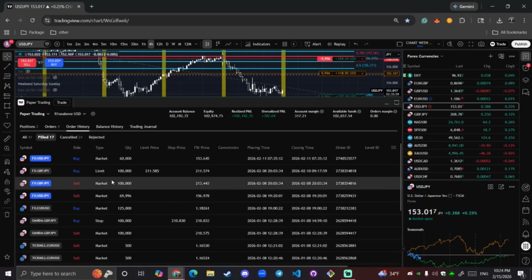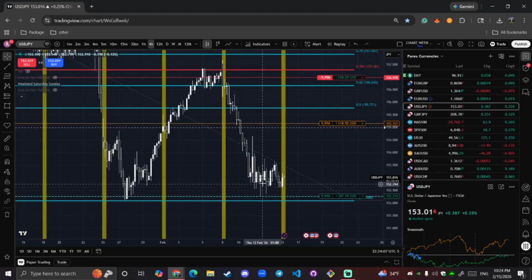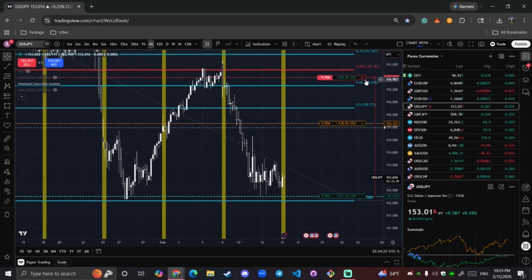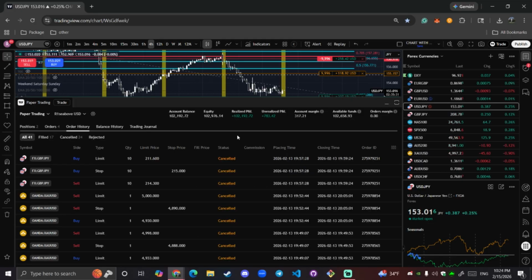I actually got out a little earlier than I would like, but I liked the profit at the time, so I just got out. Then I left 10,000, so I almost want to get out of it now, but I'll leave it. So yeah, those are my 3 trades for last week.